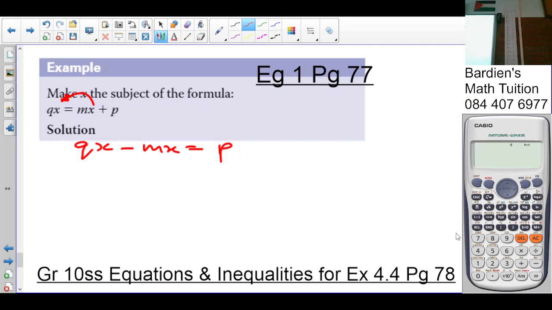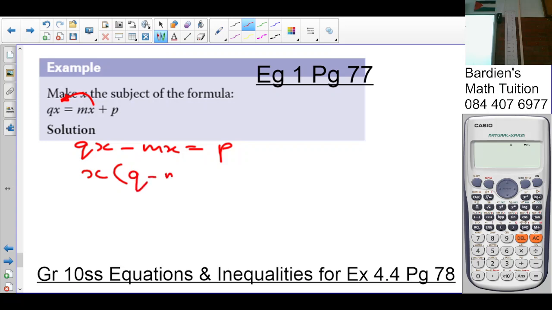This is factorize, which is correct. Common factor. What's step 2? Solve the equation. So we have that step now. So we're going to take out x as a common factor. We're going to try and get the x's out. Okay? So if I take out x as a common factor, what are we left with?